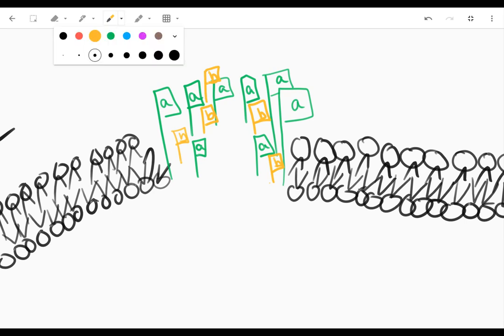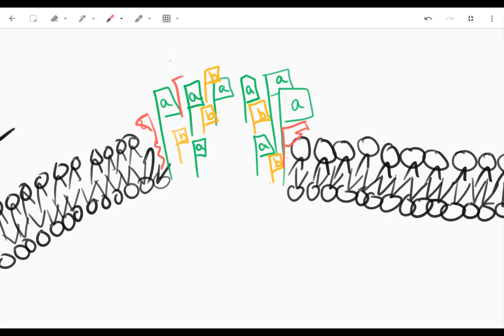And the other pigments that we have are accessory pigments, and those include zeaxanthin, carotenoids, all kinds of things in there. So we'll have lots of helpers in there.